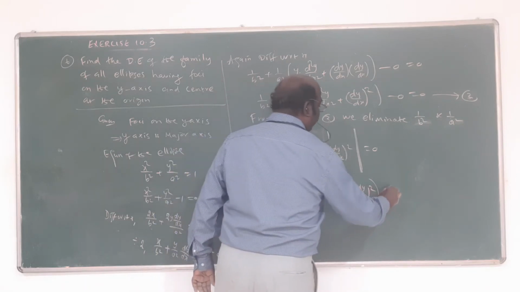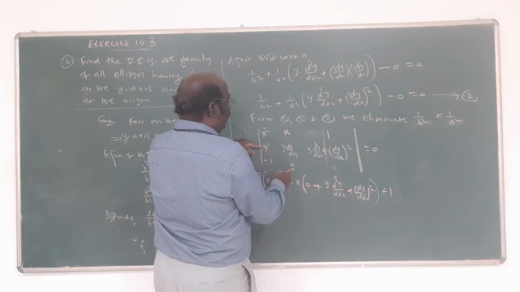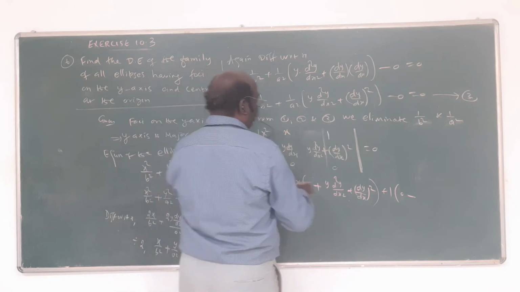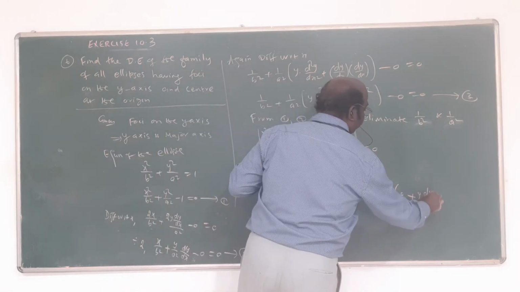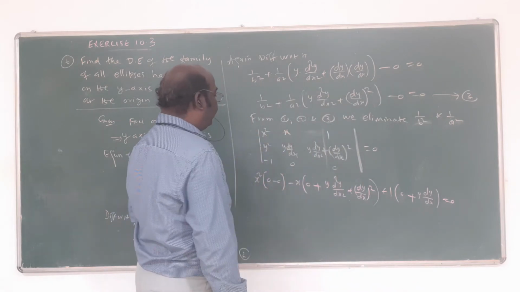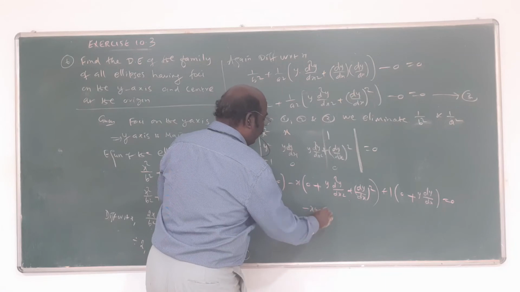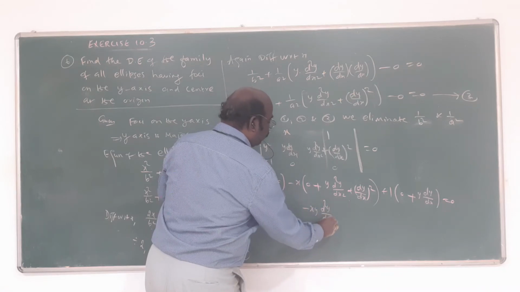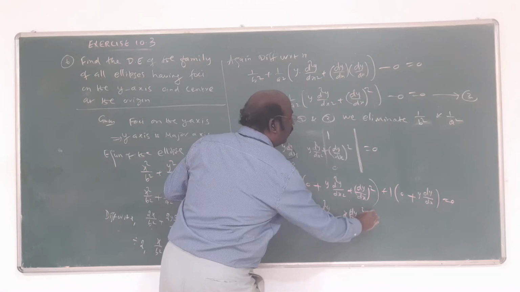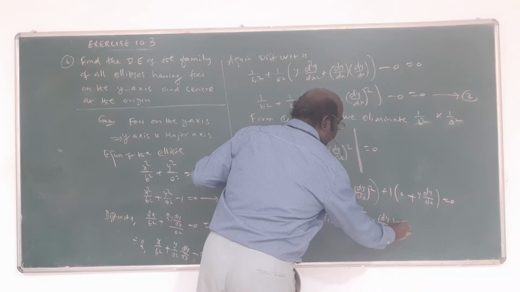Last one: plus 1 into row column cancel. This is 0 minus this, plus y into this. Now these are all 0. Now multiply. Am I right? Minus x into y d square y by dx square, minus x into dy by dx whole square, plus y into dy by dx equal to 0.